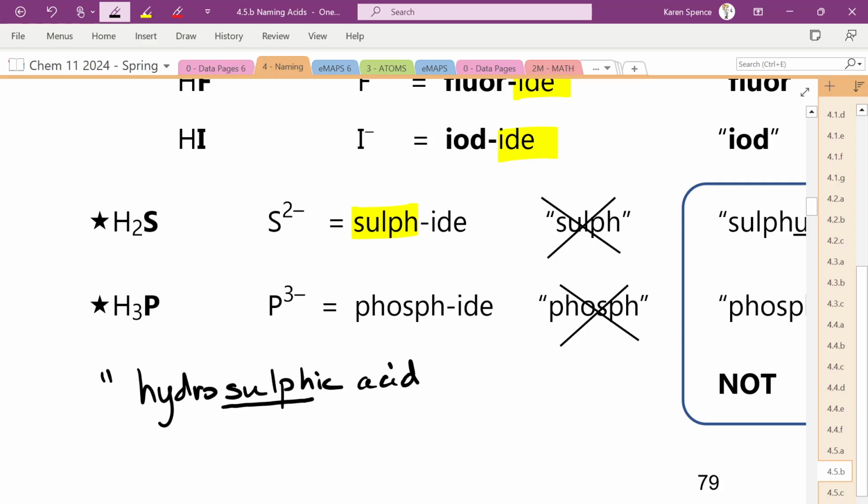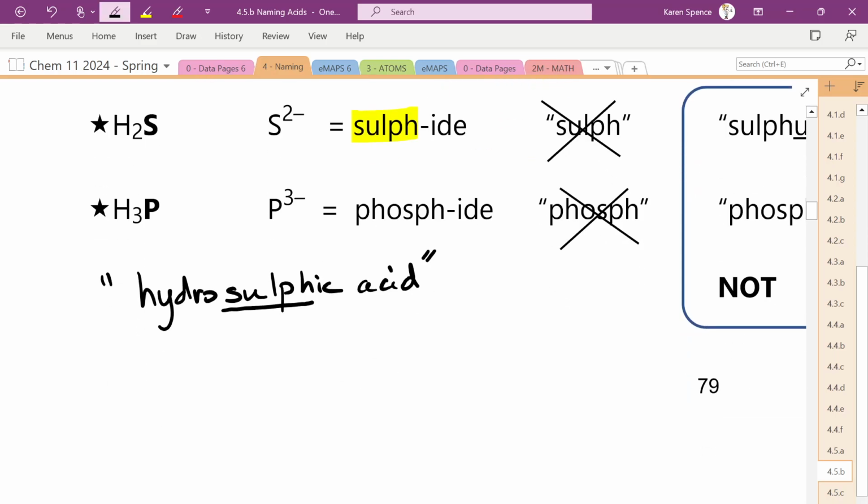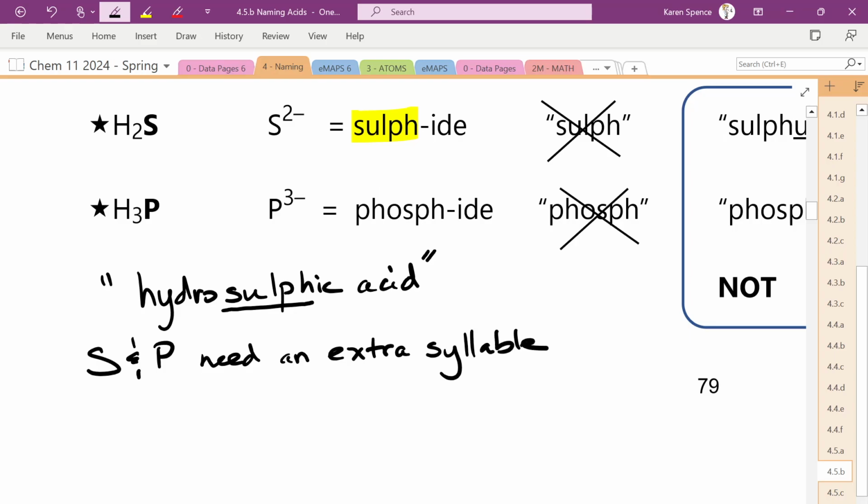However, that is incorrect. Sulfur and phosphorus each need an extra syllable. S and P need an extra syllable. So instead of hydrosulfic, it's going to be hydrosulfuric acid.